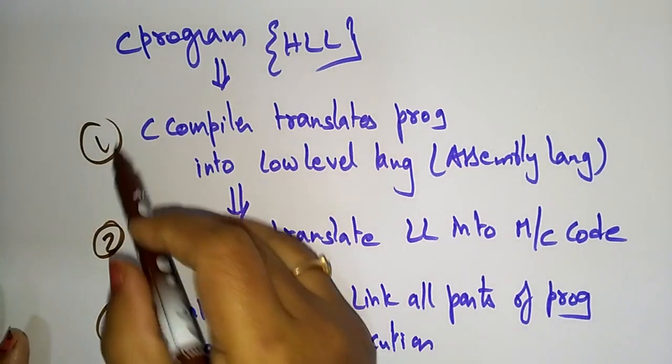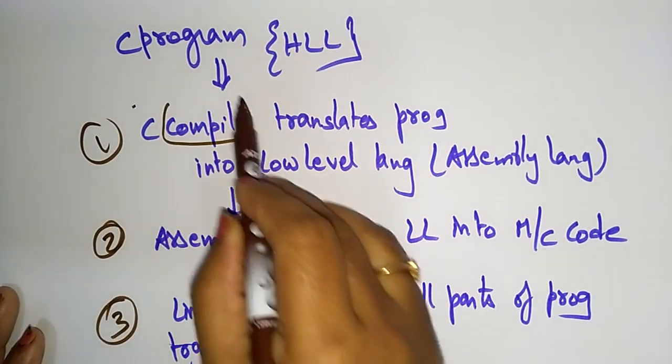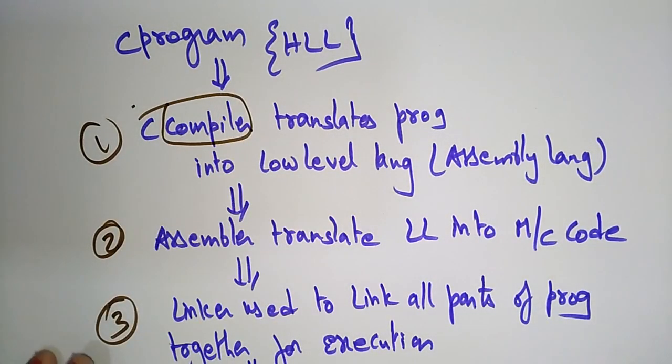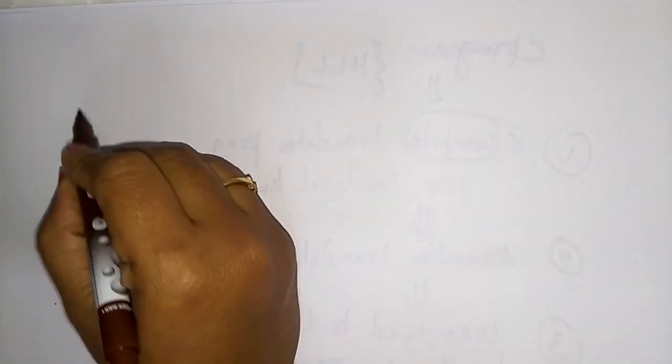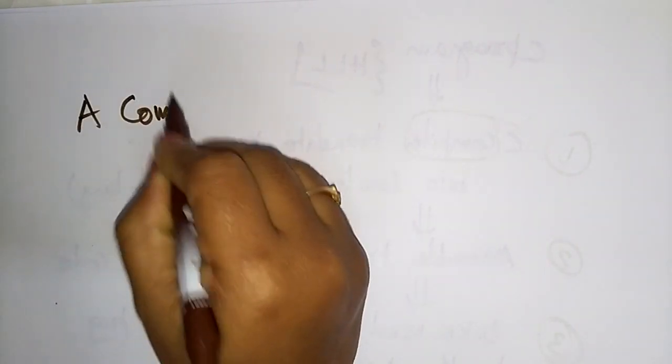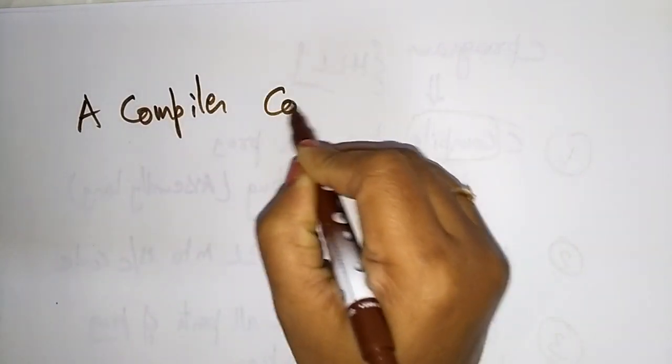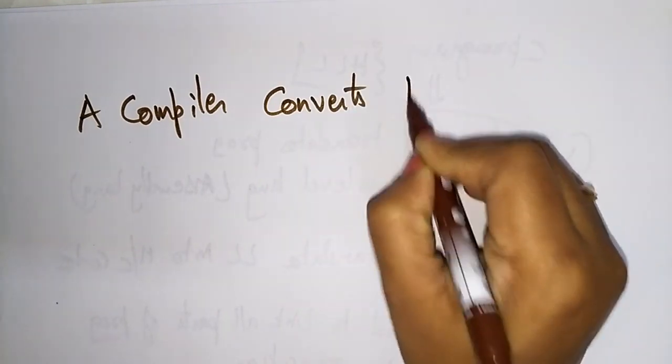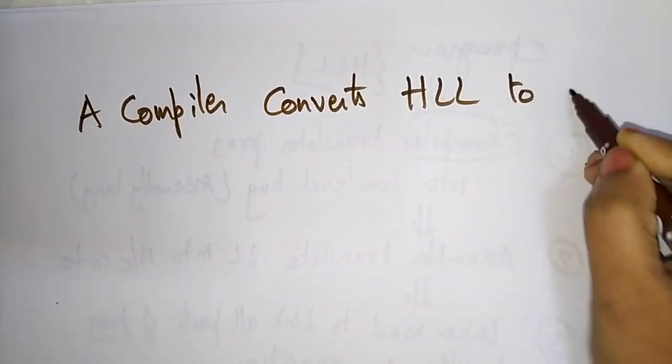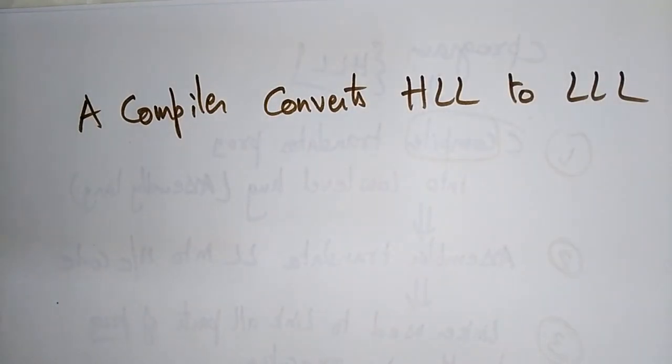Here we will concentrate only on the compiler: what exactly the compiler does and what the internal process of the compiler is. Before going into the compiler, let me write it again: a compiler converts high level language to low level language, that is assembly language.